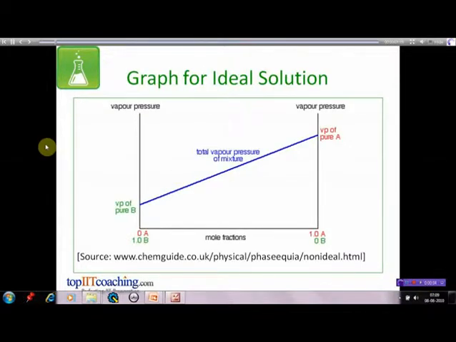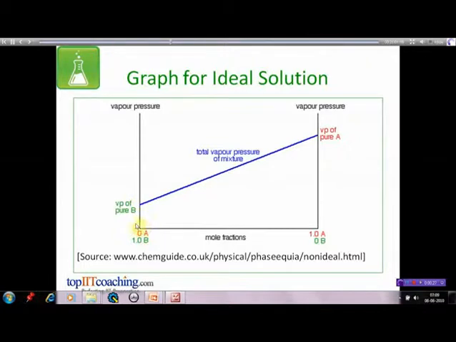If we plot a graph between the vapor pressure of an ideal solution and its composition in terms of mole fraction, assuming that this ideal solution is composed of two components A and B, then this is the kind of graph we obtain. These two vertical axes show the vapor pressure.